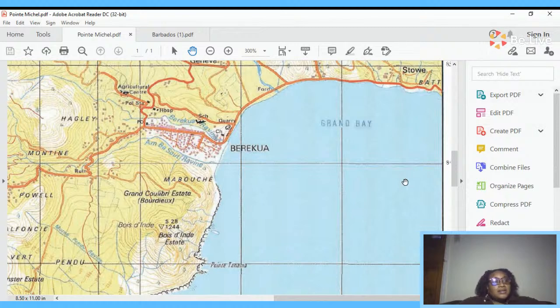This is 4 marks. Very good, Gabrielle. It is on the coast, meaning that this area is flat. So one of the characteristics is the flat land near the coast. Very good.